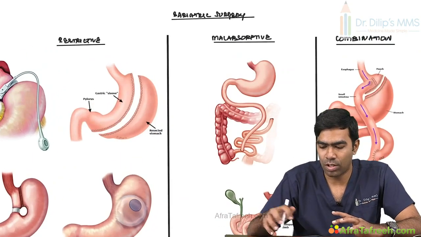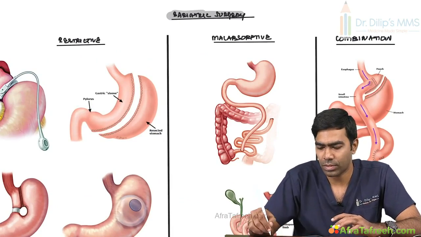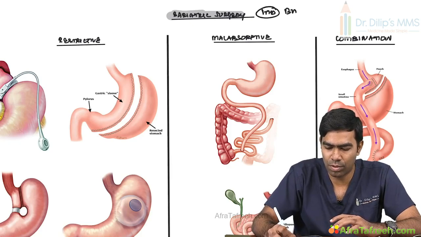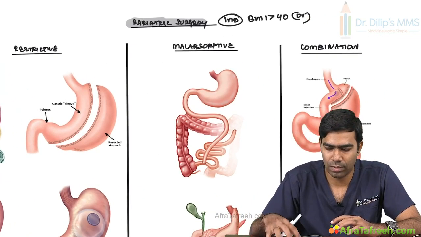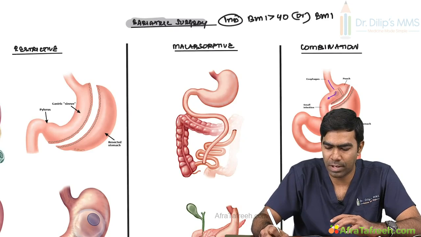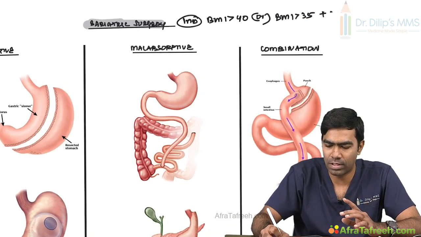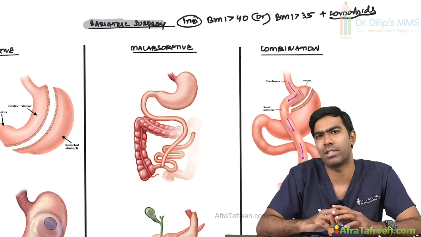Then finally, we are moving on to the bariatric surgeries with regards to weight loss and obesity. Indications for bariatric surgery, as I told you before, are BMI more than 40, morbidly obese, or BMI more than 35, that is class 2 obesity, with significant obesity-related comorbidities, especially diabetes mellitus.